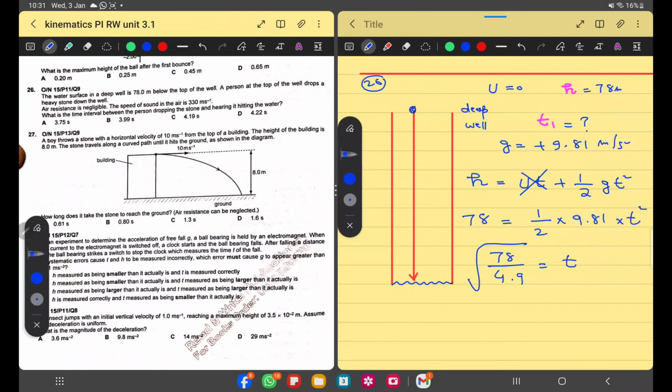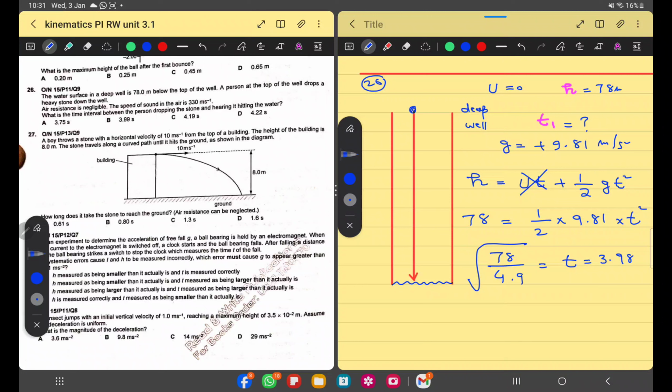You should note down this calculation. Under root 78 divided by 4.9. So the answer is 3.98 second. It is the time to hit the stone with the water surface.